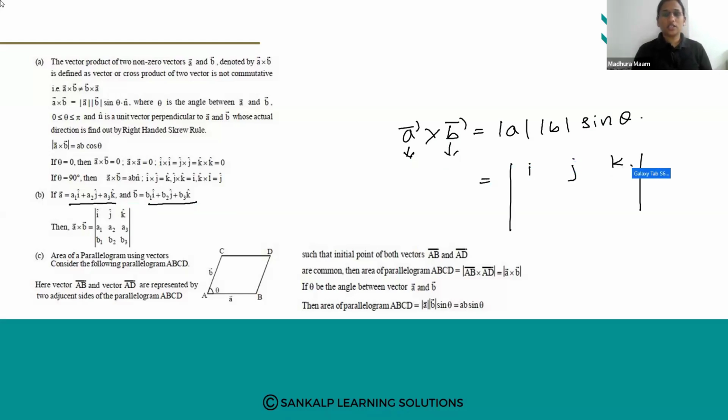The first row is i, j, k. Why i, j, k? Because the vector product is a vector quantity, so it should have the vector components. Next, the second row will be the components of the first vector. Which one is your first vector? A, and the second vector is B. This is how to find it.